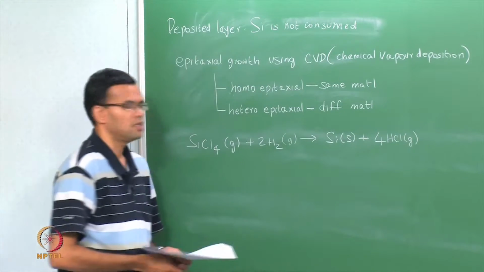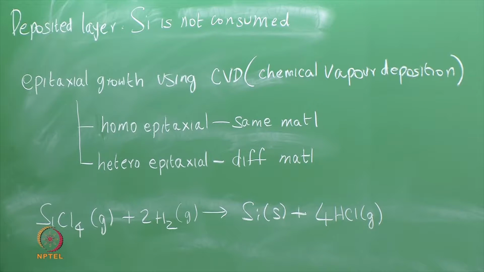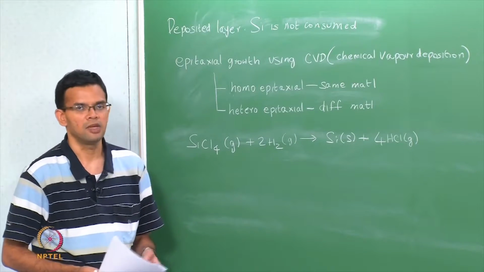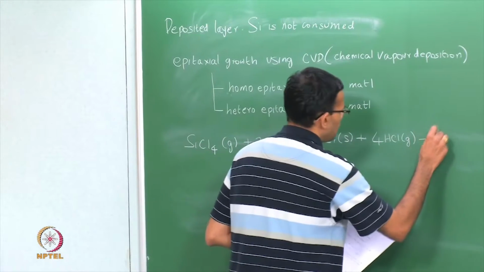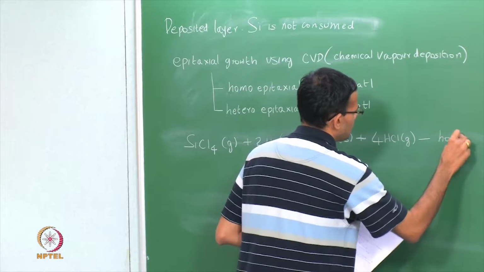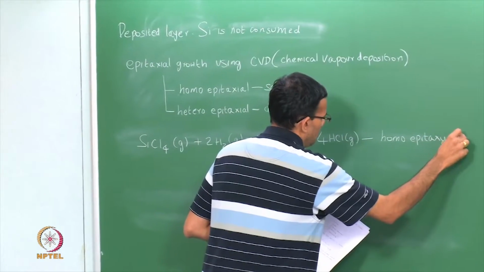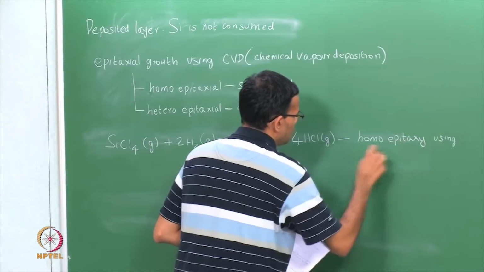This reaction can take place in the gas phase, and the silicon solid that is formed gets deposited onto the substrate and has the same orientation as that of the substrate. So, this could be an example of homoepitaxy using chemical vapor deposition.